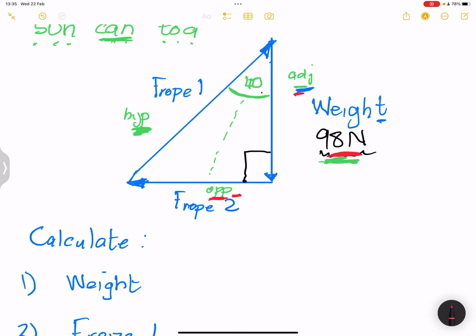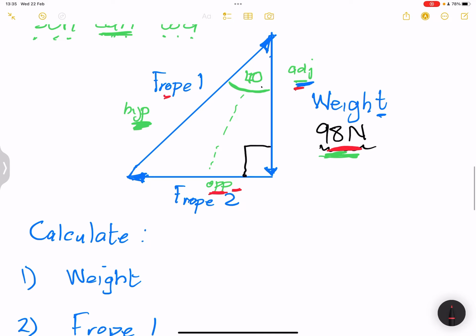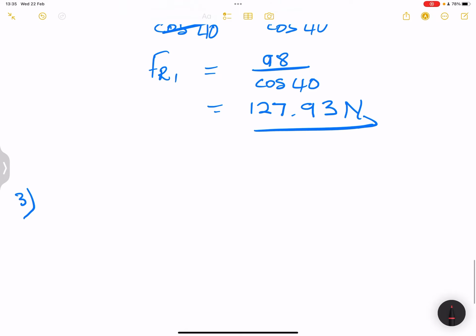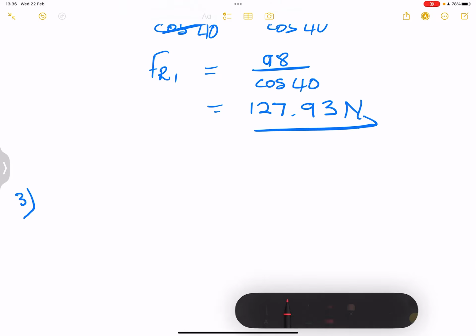I'm avoiding using rope 1 just in case we made a mistake there. Let me use information that is given as much as possible. Which trig ratio is it? Where's our mnemonic? SOH CAH TOA, opposite and adjacent, that's going to be the tangent.